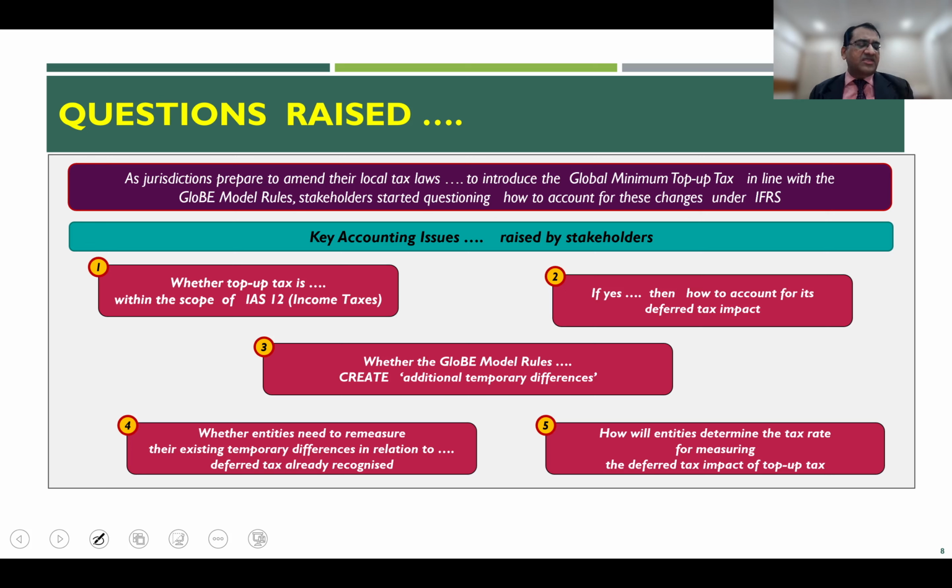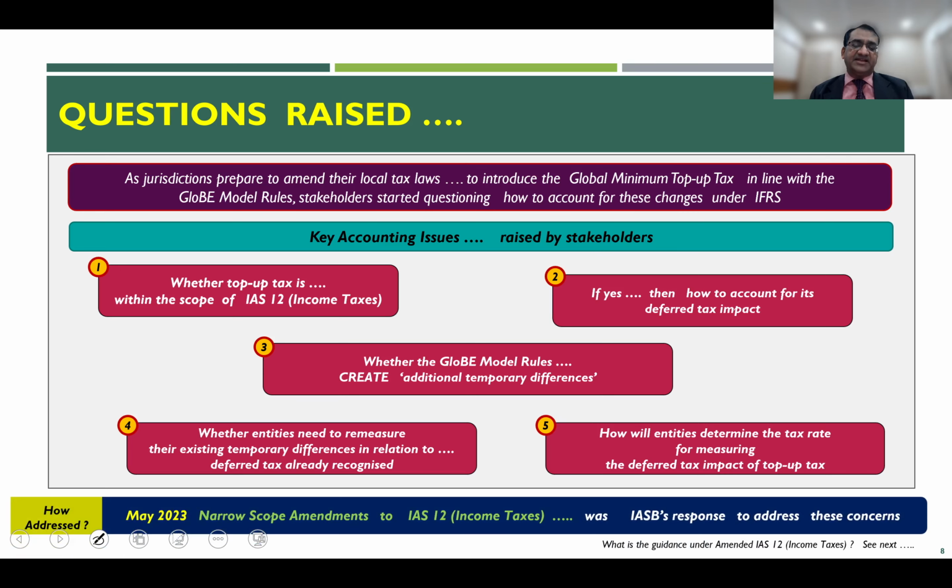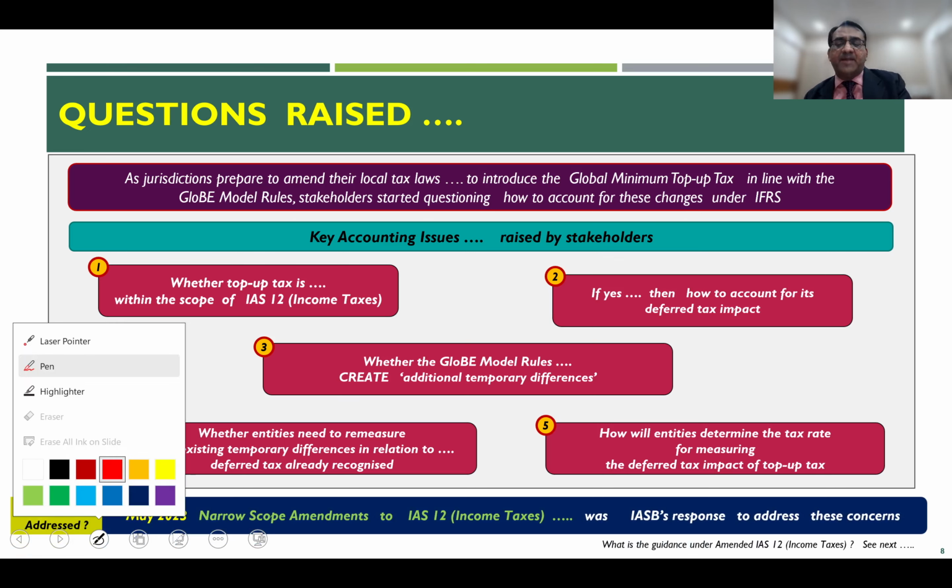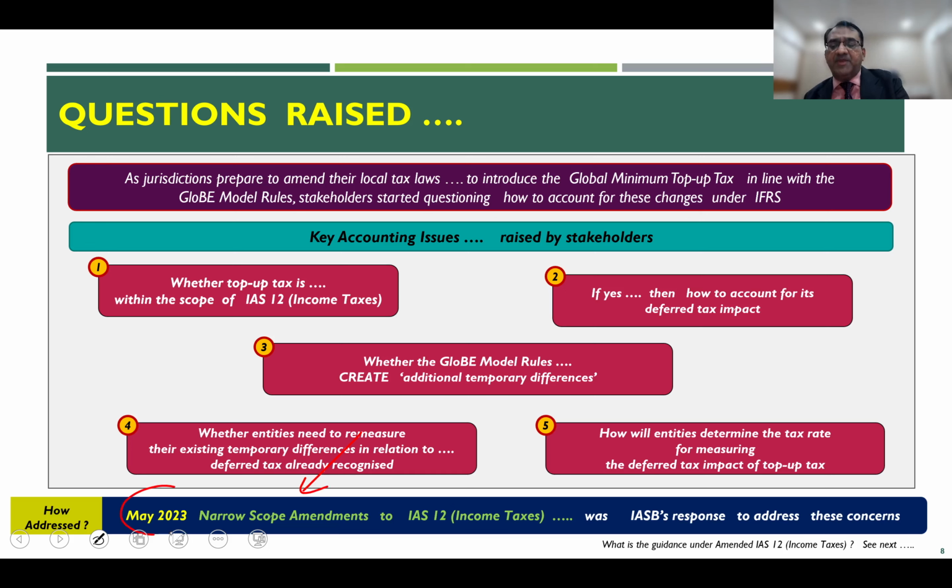To give answers to all of these questions, the response of the IASB internationally was that they amended IAS 12. This was a narrow-scope amendment which was done in May 2023 to IAS 12 Income Taxes, and that response gives answers to the questions raised by various stakeholders.